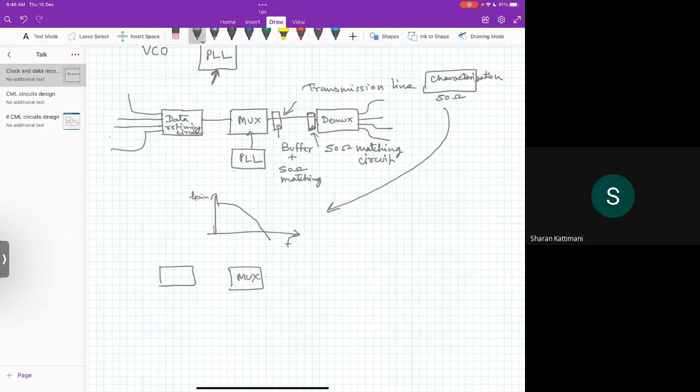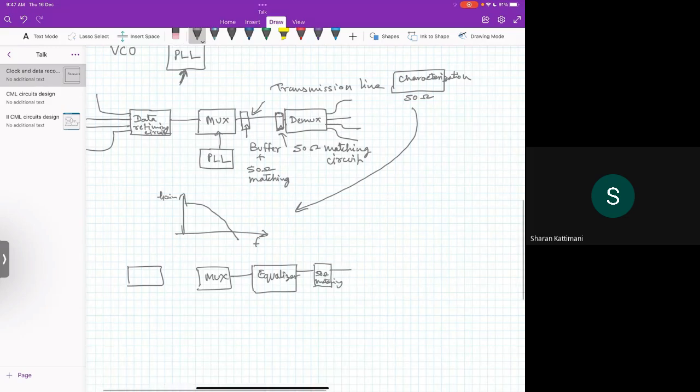In such a case, we will put a block that is called an equalizer. Then a 50 ohm matching circuit, and then we have the transmission line, or interconnect we can say.